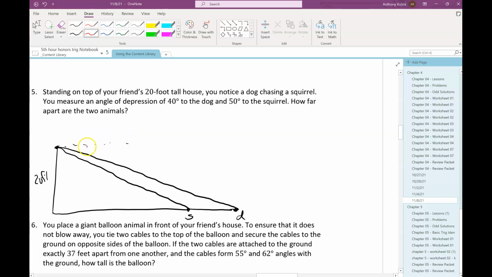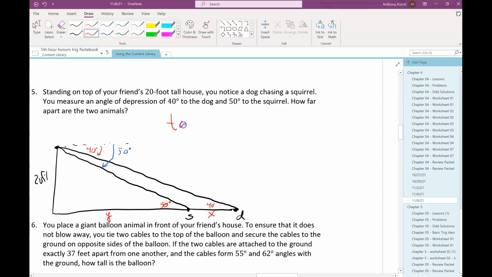So we know that this angle is 40, and then this angle is 50. So really, I'm going to make that one 40, that one 50. And we're looking for this distance between them, right? How far apart they are. Okay. I'm going to call this y, and we're just going to end up solving a system.